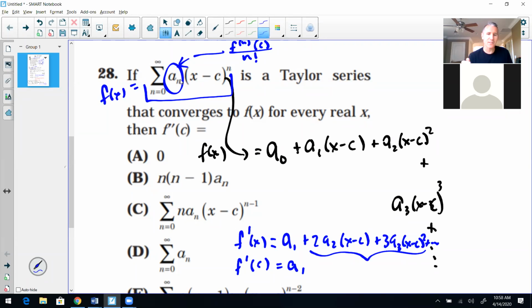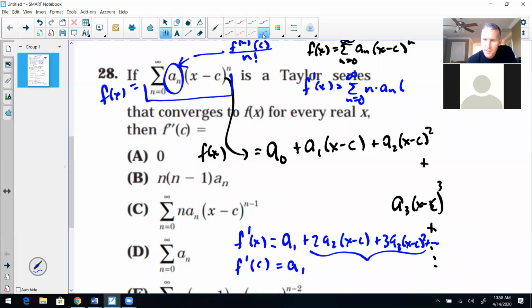I think what they're doing is this. If f of x equals a summation as n goes from 0 to infinity of a sub n times x minus c to the n, then he's saying, okay, well, f prime of x is equal to the summation as n goes from 0 to infinity of, bring down the n, so it's n times a sub n times x minus c to the n minus first.